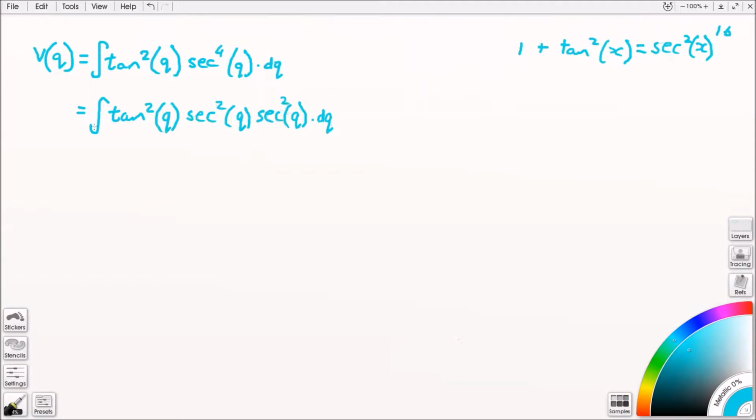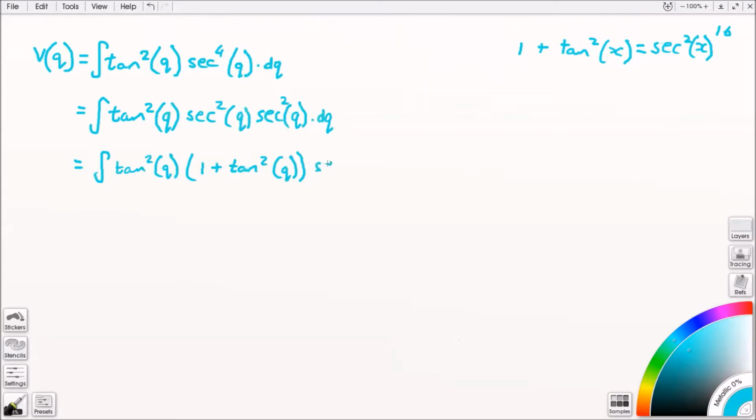And now what we can do is transform this into 1 plus tan squared x. So tan squared x, then times that by 1 plus tan squared x.